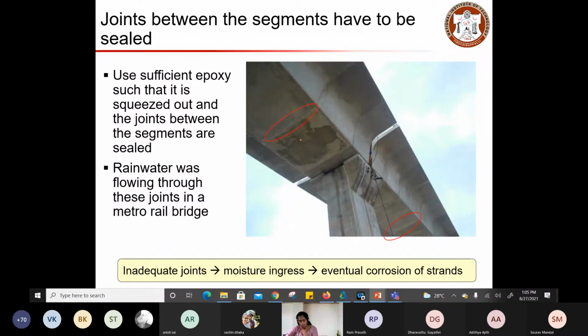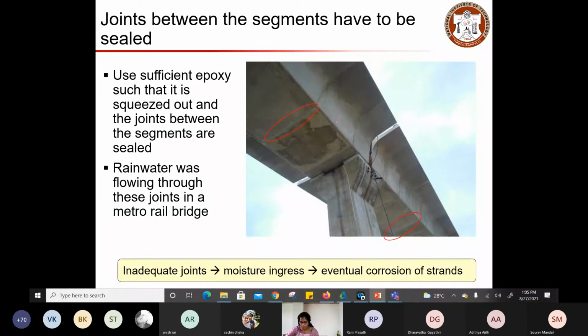So when you have such joints, they have to be sealed completely and waterproofed. You should use sufficient epoxy such that it is squeezed out and the joints between the segments are completely sealed. And rainwater was flowing through these joints in metro lines.